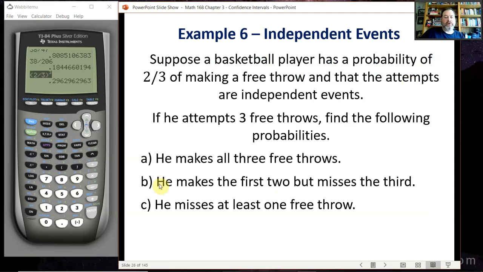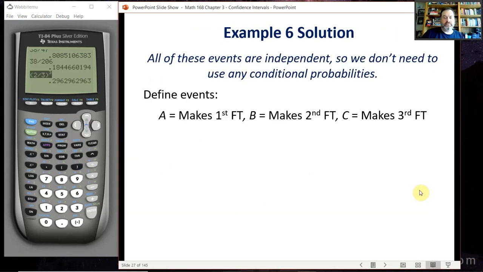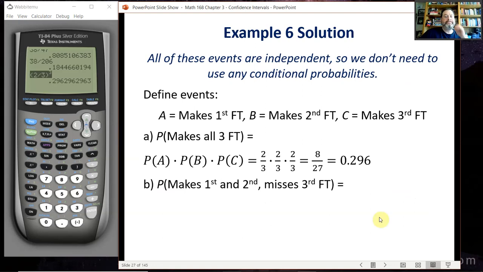What about part B here? He makes the first 2 but misses the third. Same sort of thing as what we did before. You still write out the probabilities: makes first and second, misses the third. But this one's not quite as simple. We can't just multiply the probabilities out.